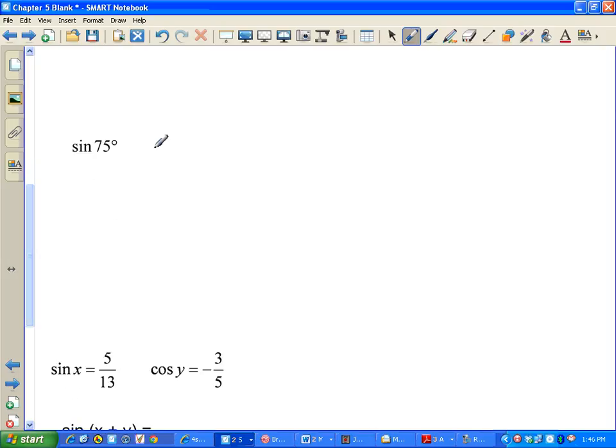Here I've got sine of 75, and I want an exact value, so I don't want to just type it in and get a decimal. What I need to do is rewrite this as the sum of things that I have on my unit circle. So this could be 30 degrees plus 45 degrees, because those are both on my unit circle.